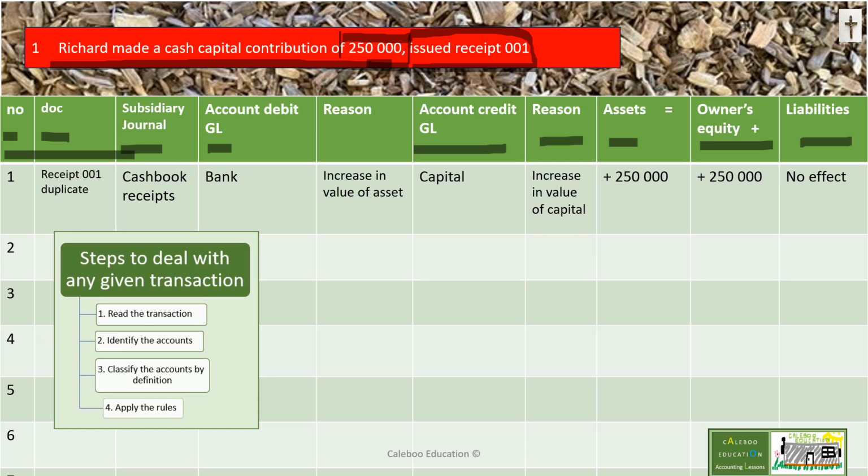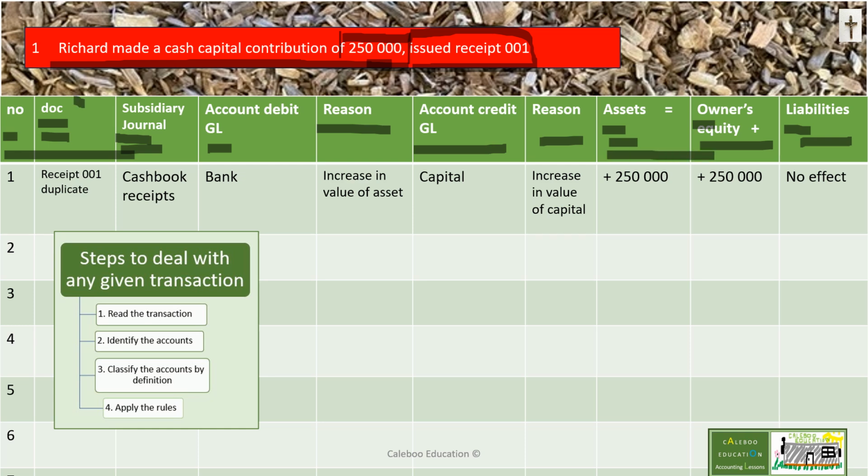Sometimes they might just say account debit, account credit, and what is the effect on the accounting equation. But I've added columns for reason, I've added subsidiary journal, document. So it's quite comprehensive, this table. It should cover everything that you can be asked in a table when you need to record a transaction and show the effect of the transaction on the accounting equation.